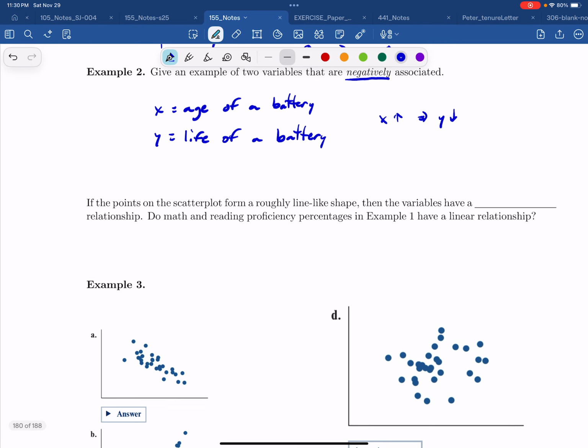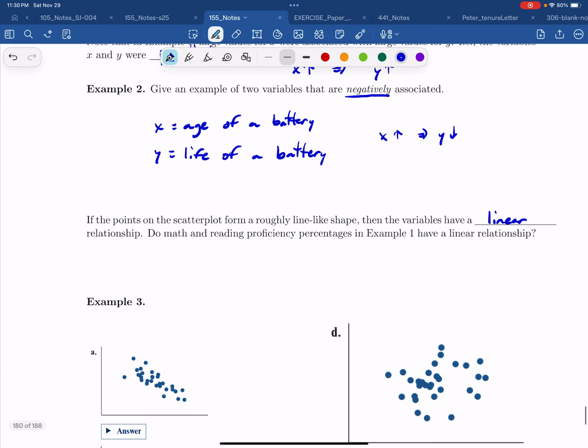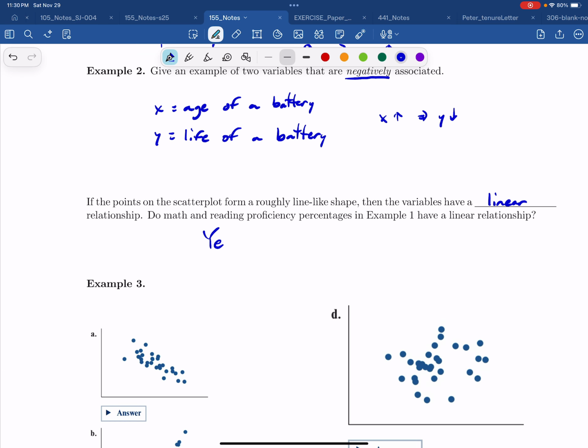Now if the points form a roughly line-like shape, then the variables have a linear relationship. So the question is, do the math and reading proficiency percentages have a linear relationship? Yeah, it looks like roughly. I would say yes.